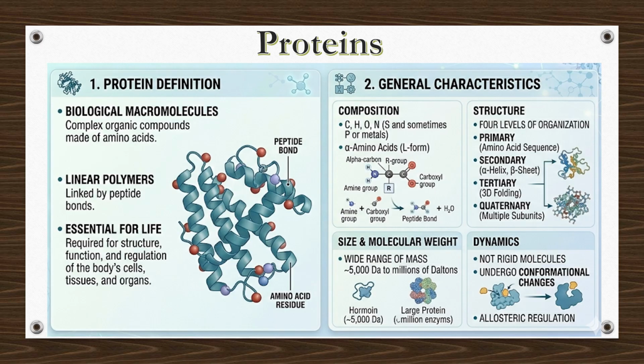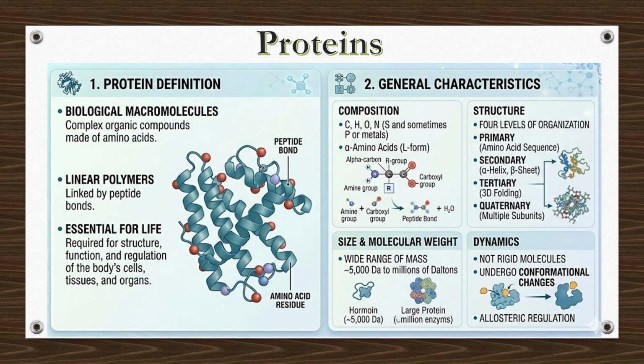Proteins share several important characteristics. They are amphoteric, carrying both acidic and basic groups, and each has a specific isoelectric point where its net charge is zero. Because of their size, proteins form colloidal dispersions in water rather than true solutions, scattering light in the process.